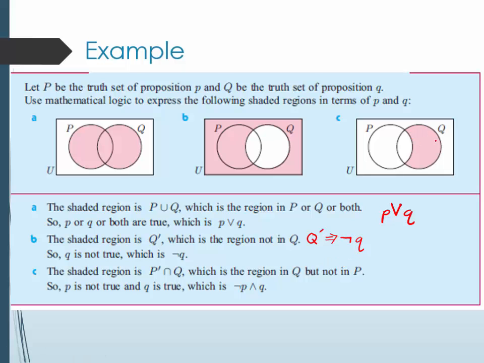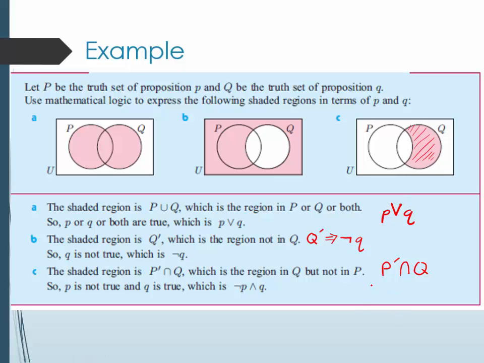This is the intersection of not P and Q. So this would be, for instance, not P intersection Q. You see how that would fit right here? That would be true.